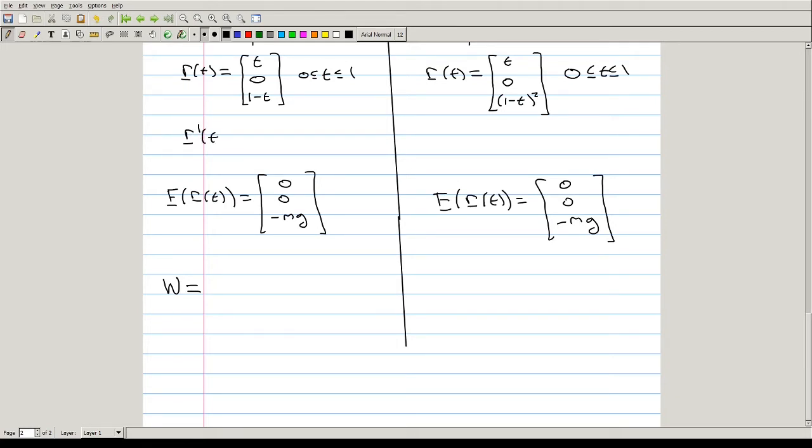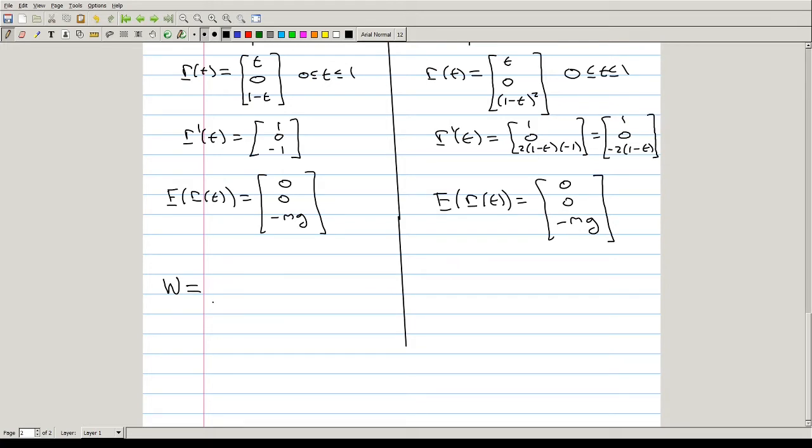So let's go through and calculate that first. It's always nice to stay organized. This will be the derivative with respect to the parameter, which is 1, 0, negative 1. And then r prime for this curve is going to be 1, 0, and the derivative of this function will be 2 times 1 minus t times negative 1 from the chain rule. It will be 1, 0, negative 2 times 1 minus t.